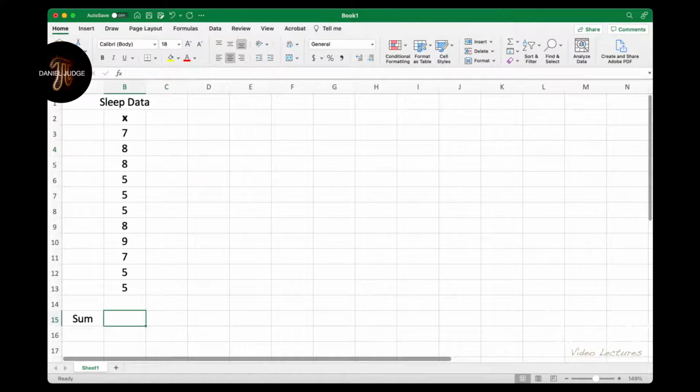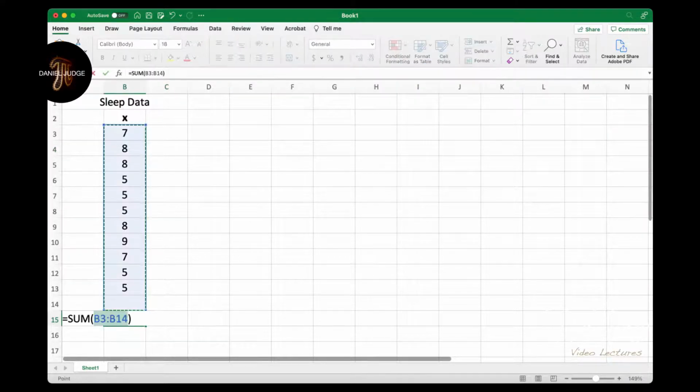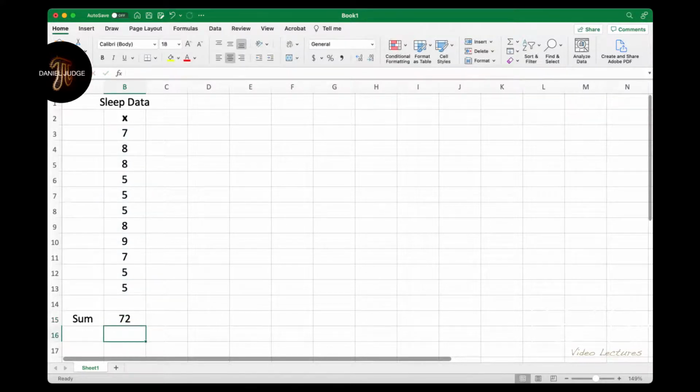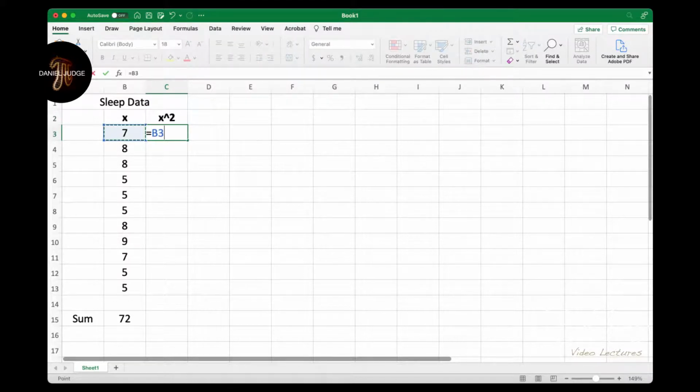In this field there, I'm going to sum these data values. So that sum was 72, like we thought it would be. All right. And then I have this x raised to the second power. That's what I want to do as well. I'm going to bold that. And what I'm going to do, I say equal, hit that cell, caret key, raising to a power.